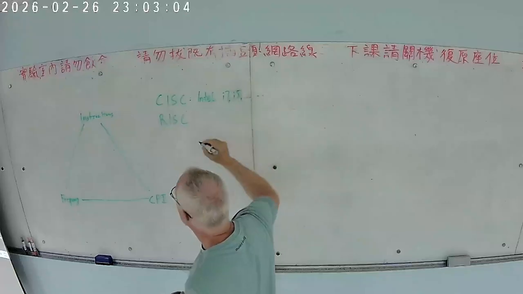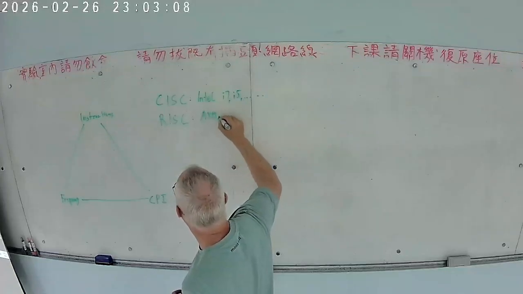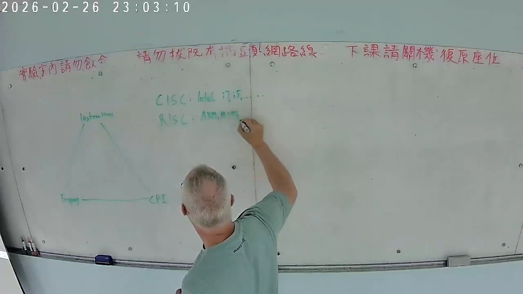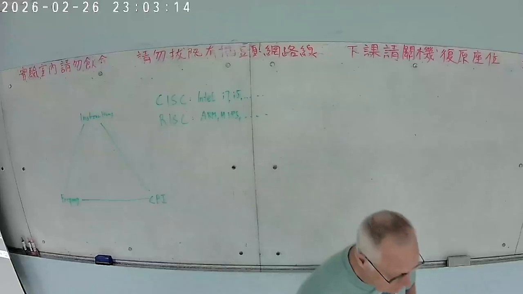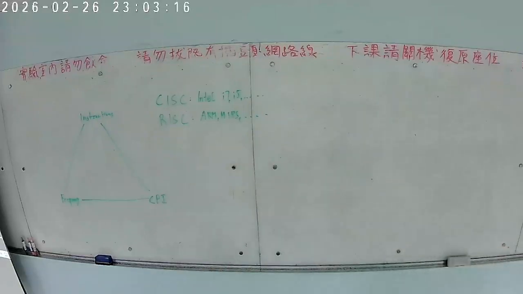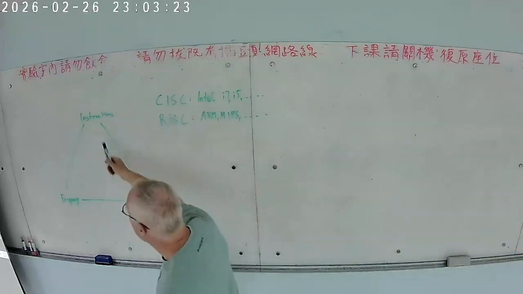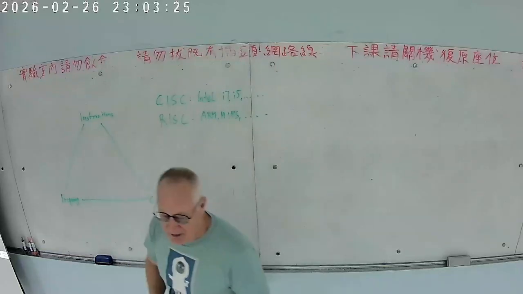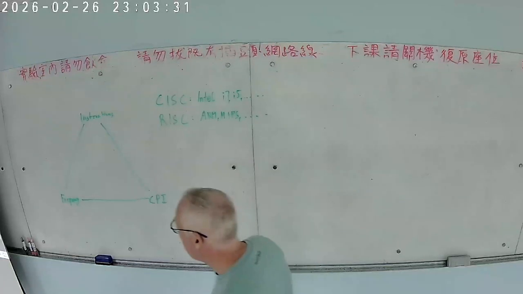RISC actually started with ARM and MIPS kind of processors. And they really played up on the various factors here. Because for a long time, the only parameter that people thought about was the frequency.